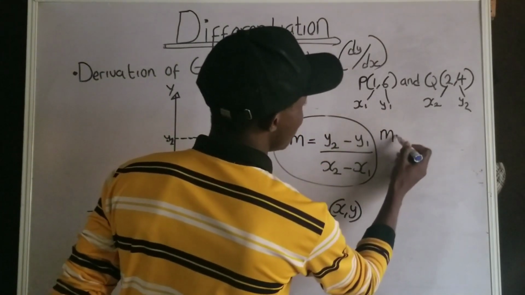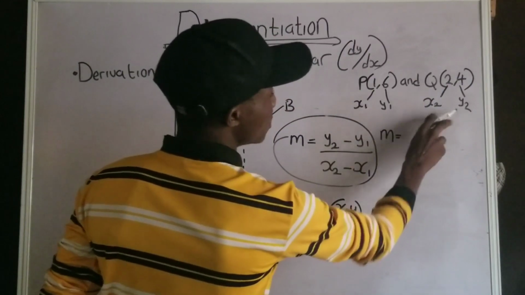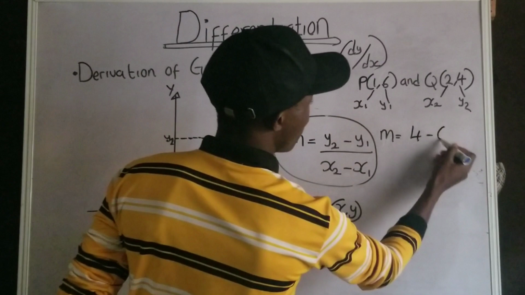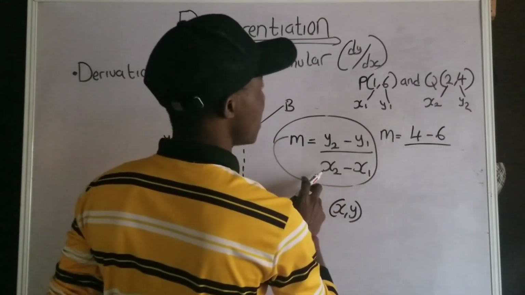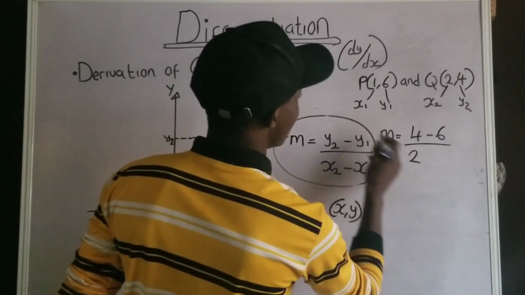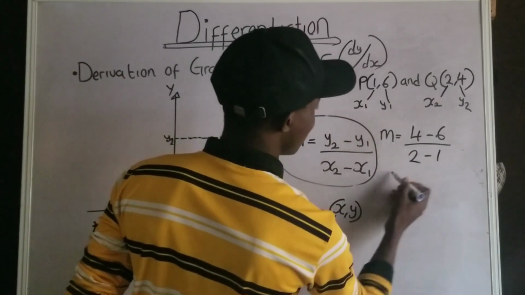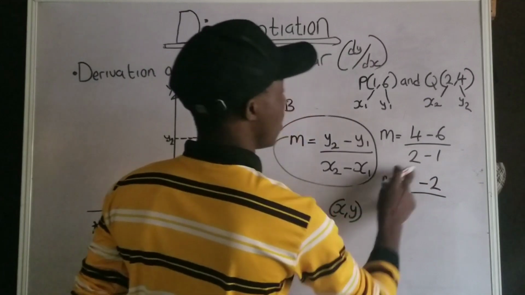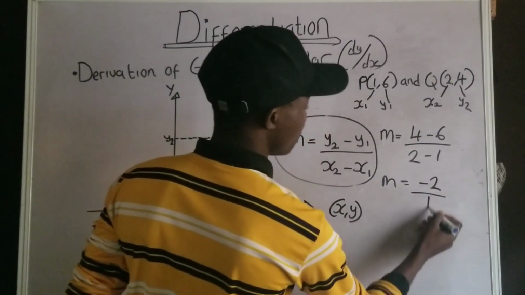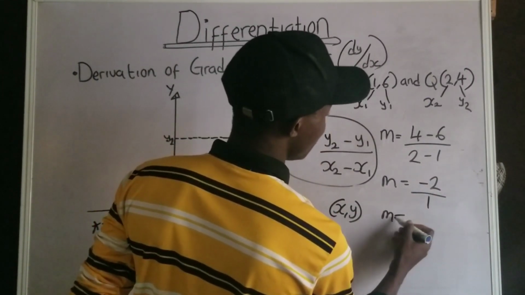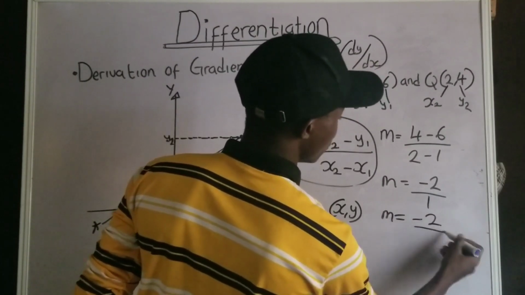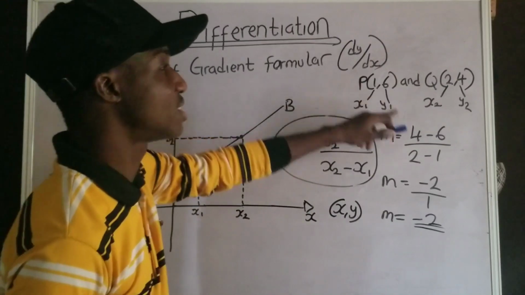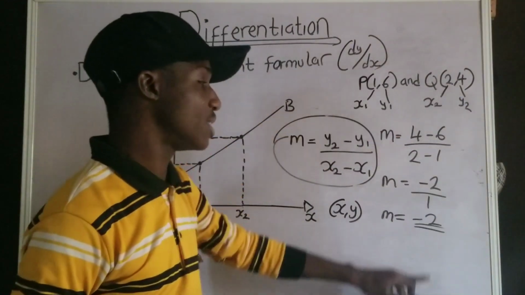The gradient m is equal to 4 minus 6, all over 2 minus 1. That is minus 2 all over 1. So the gradient of the line joining the points P (1, 6) and Q (2, 4) is minus 2.